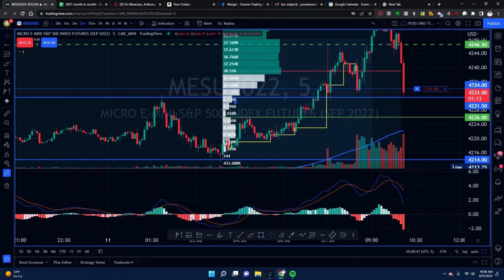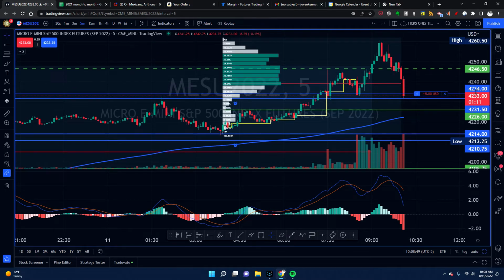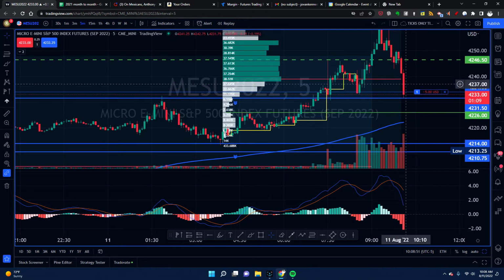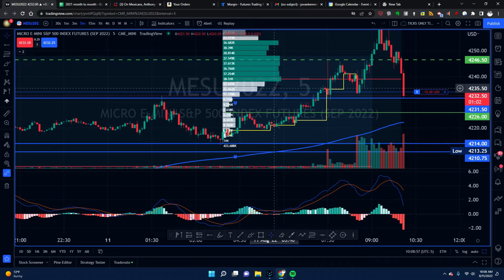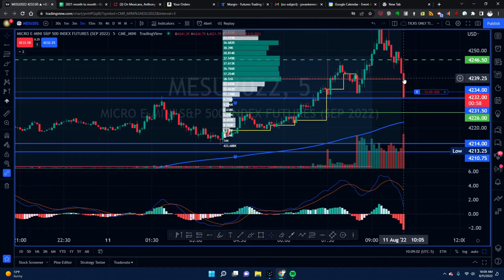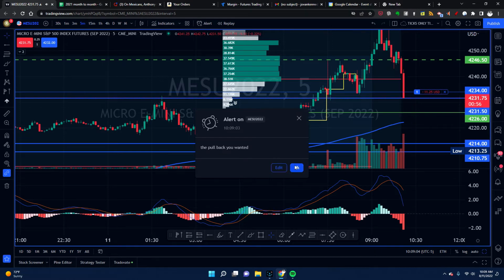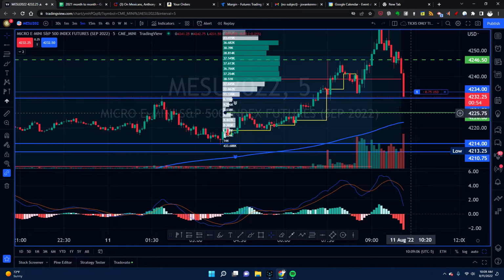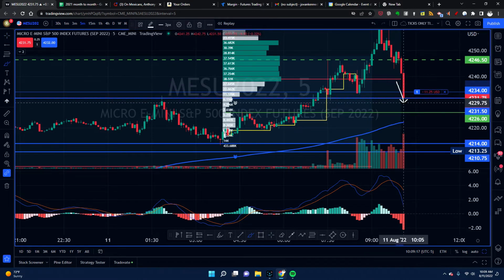Now what will make it look like high volume nodes are working is that they come right after low volume nodes. Does that make sense? So if I were to put my order here, for instance, at the most traded price of the day, there's the pullback I wanted. I could potentially be right about this node holding, but that's going to be because below it there is a low volume node.